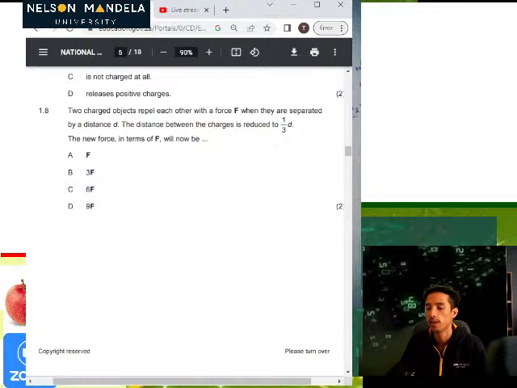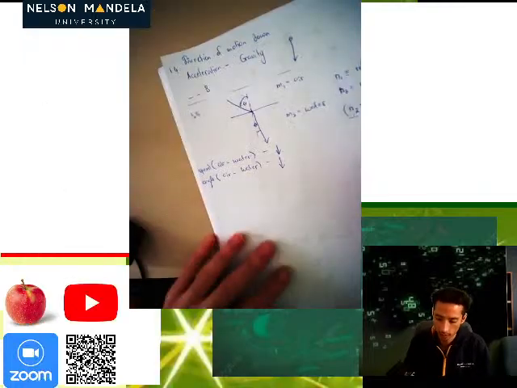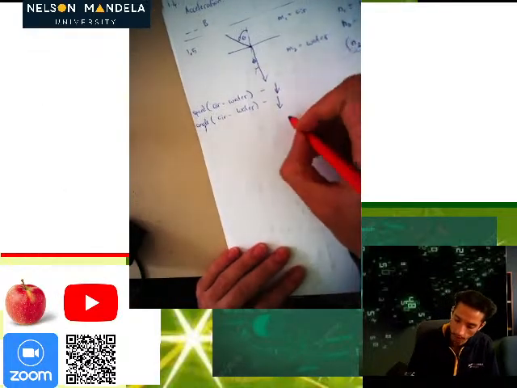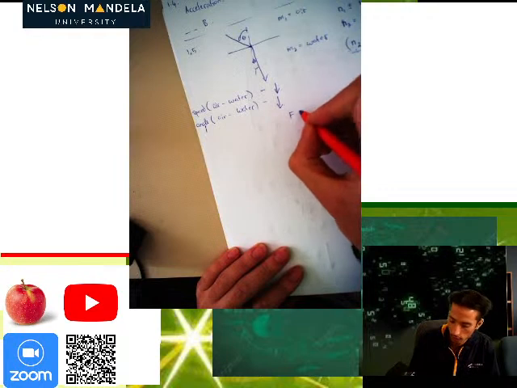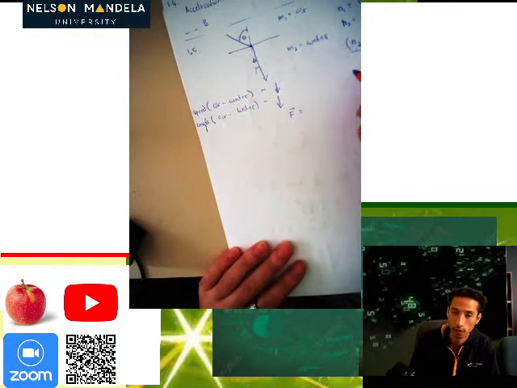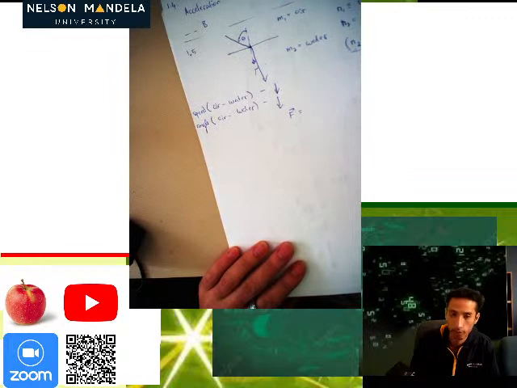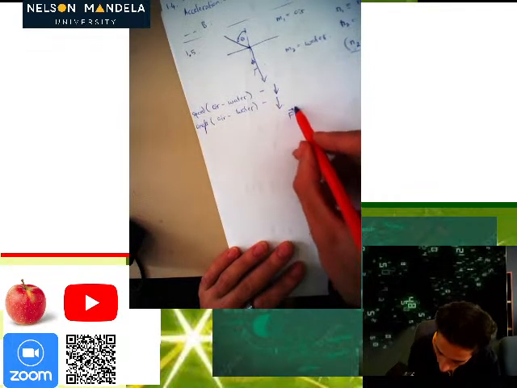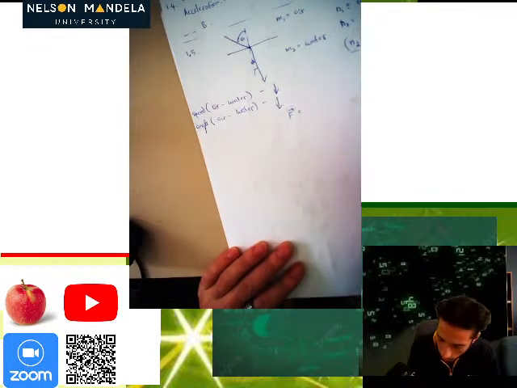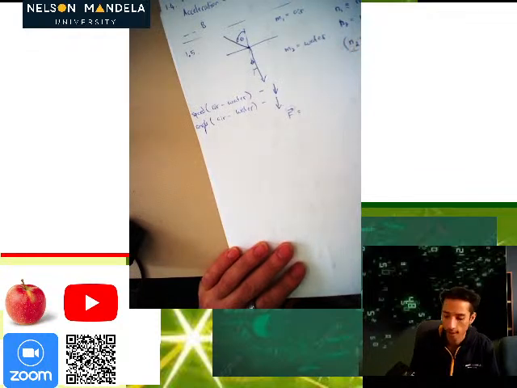Now if we reduce the distance to 1/3 d, this is what it would look like. We have a force F initially. Don't forget to represent that we're referring to a force, because we use the bar above the force.